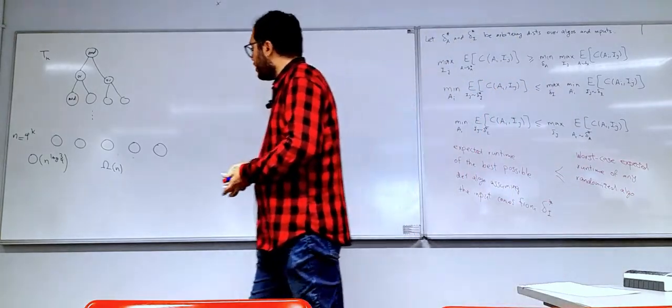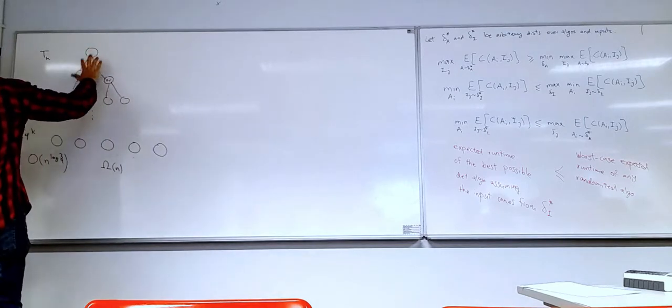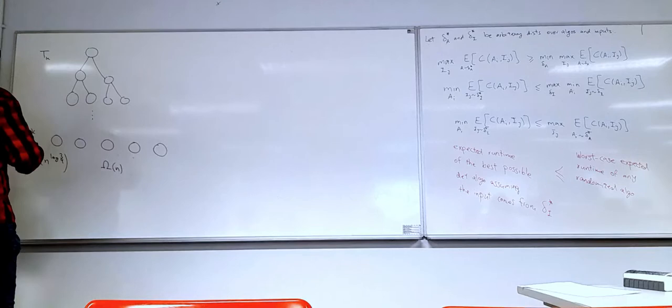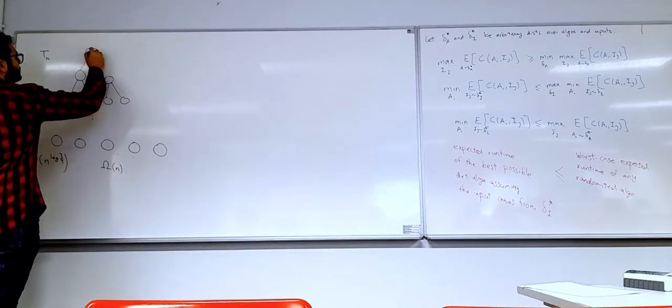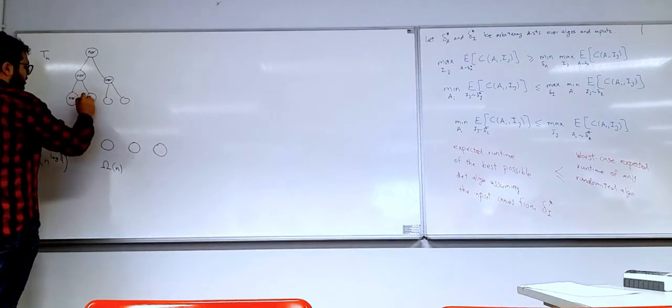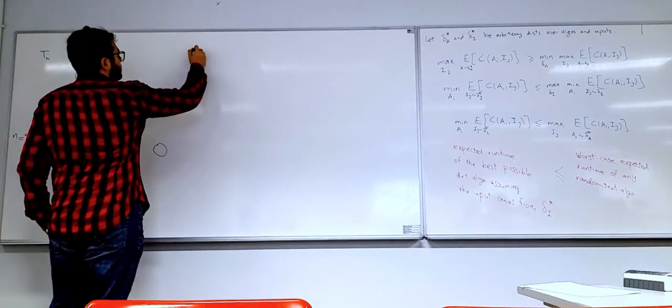Okay. So let's say I have NOR everywhere. So all of these are NOR. Okay, so I fix some distribution.